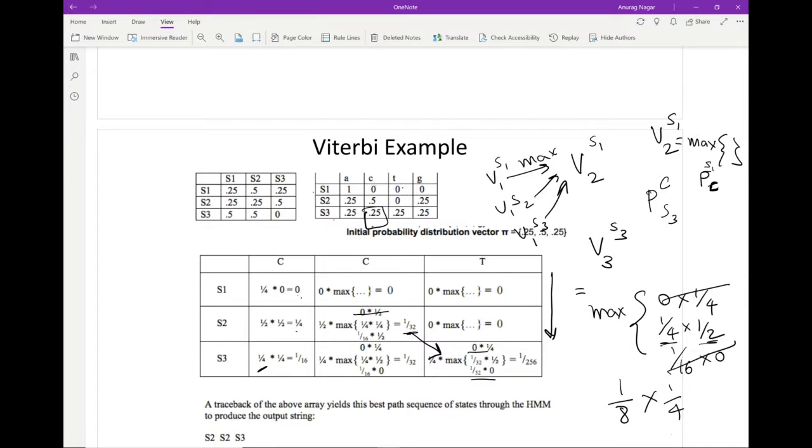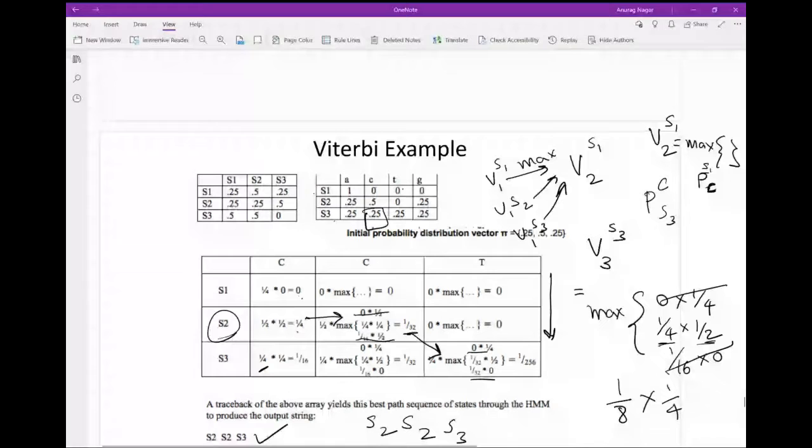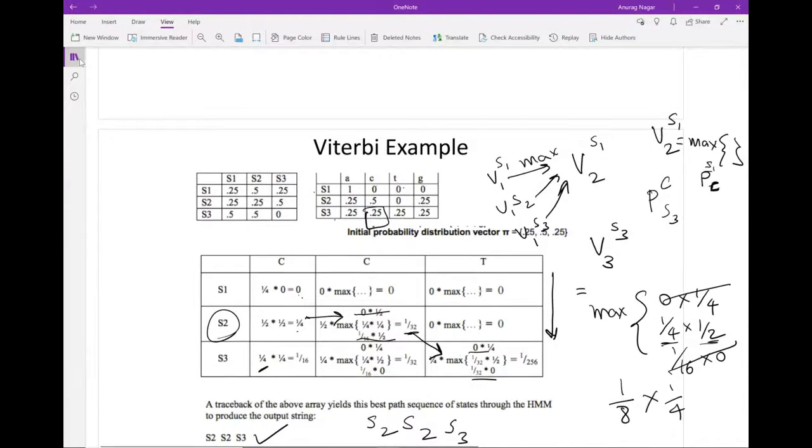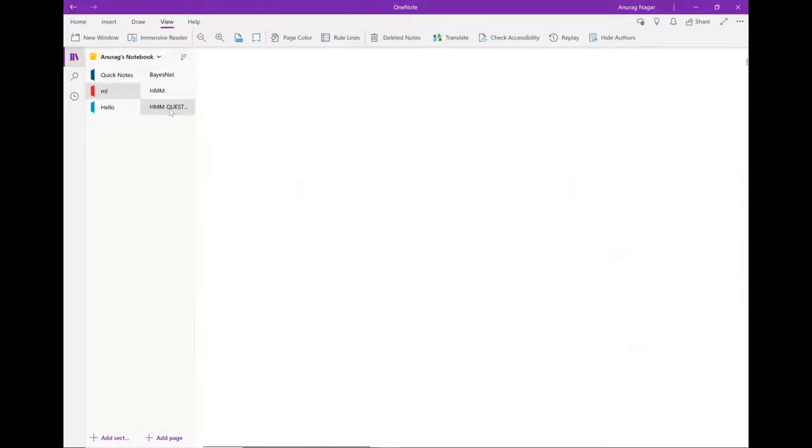Forget about this, it is low. I got here from this point. So now the most likely hidden state sequence is S2, S2, S3, and that is the answer right here. There can be various numerical examples based on this. I will solve a couple of them and leave it to you to solve more.